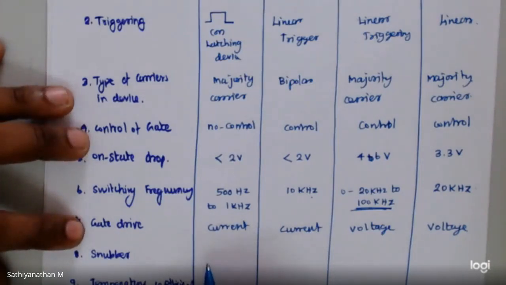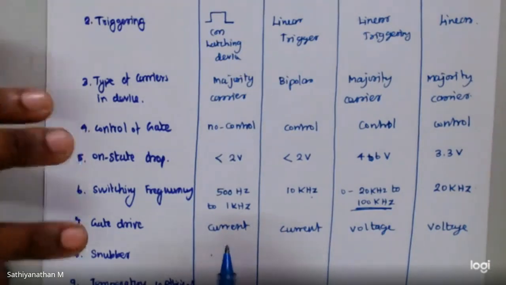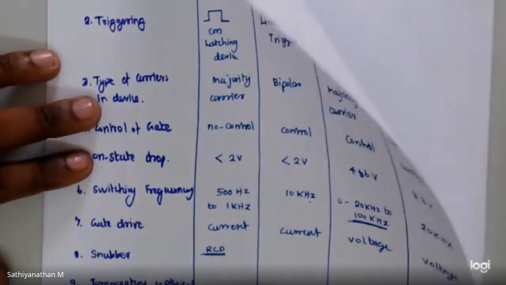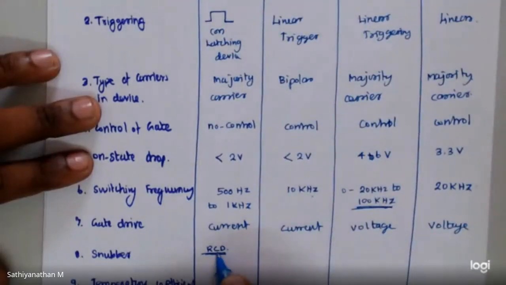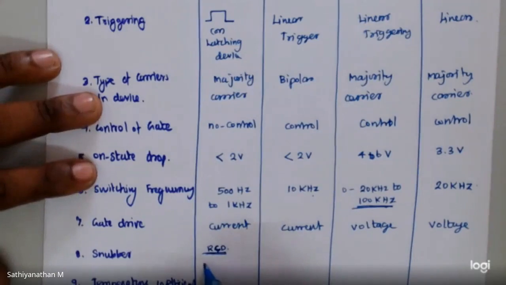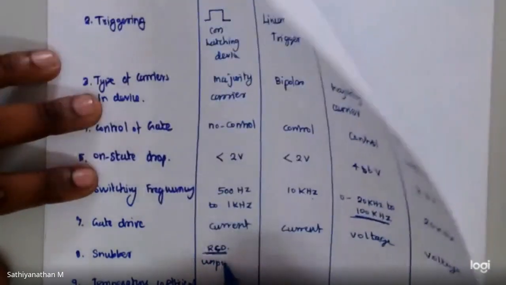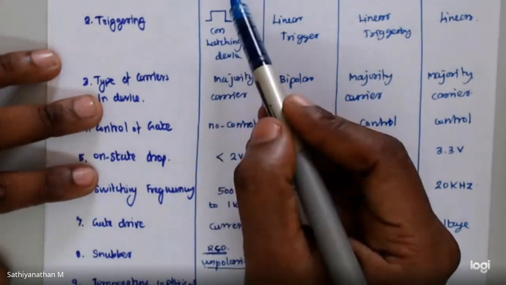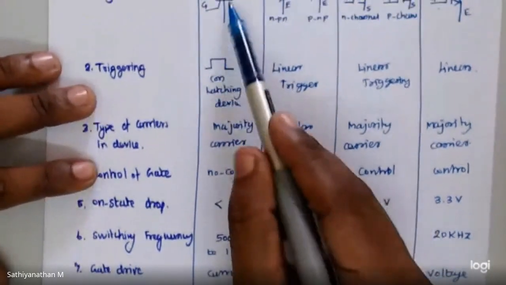So depending on the power rating, you will select an R, C, D snubber, right? So this R, C, and D, this capacitor may be an unpolarized device. So the polarity is not required to design a snubber circuit for an SCR.